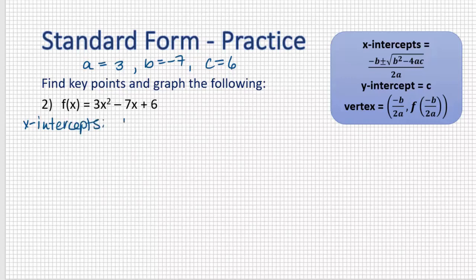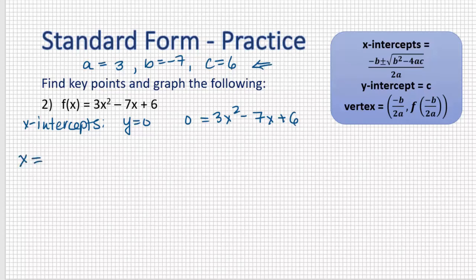Of course, we find the x-intercepts by setting y equal to 0. So we're solving for x given that 0 is equal to 3x squared minus 7x plus 6. I've already written down the values of a, b, and c up here, so we can go ahead and plug those in.